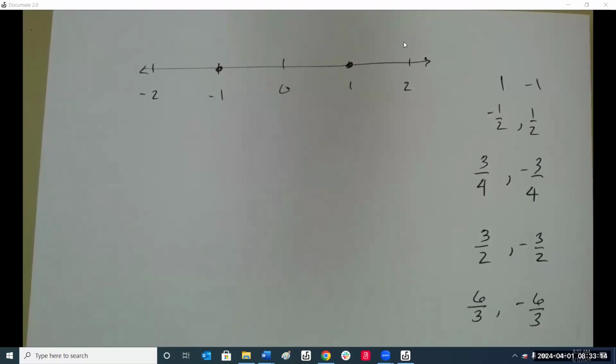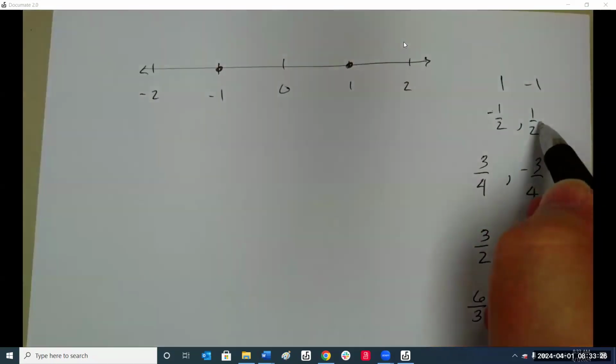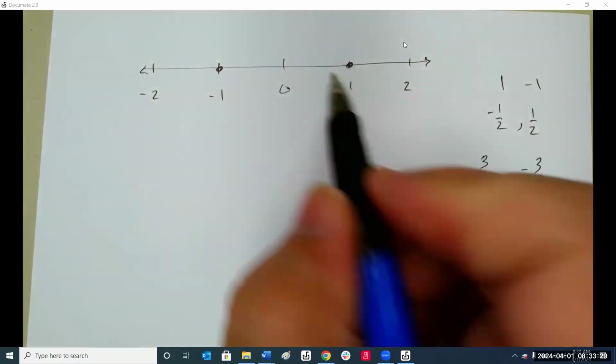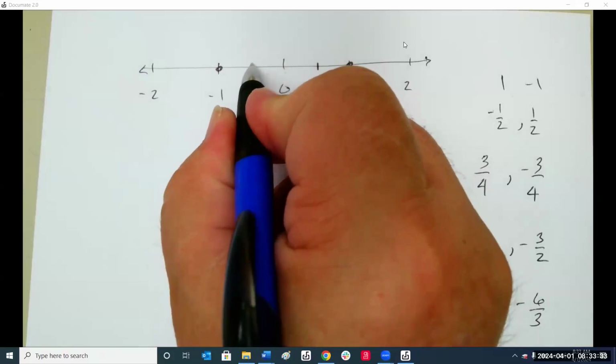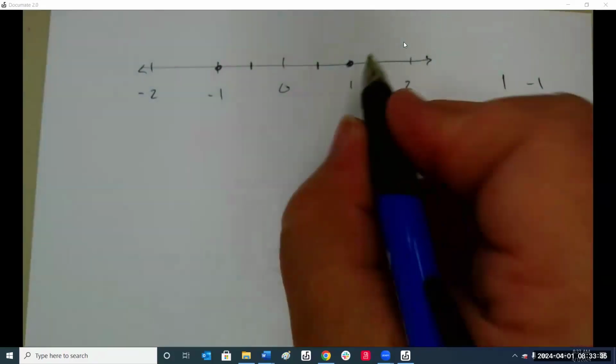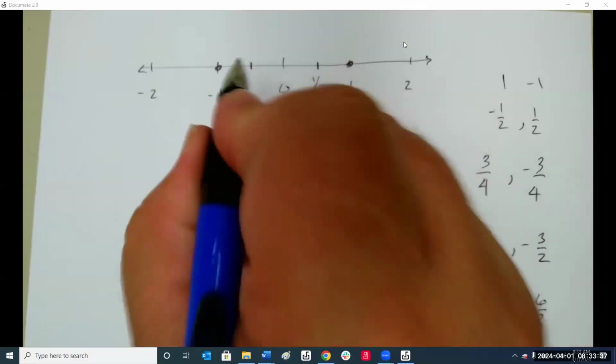Now, how would you define 1/2? Yeah, which because 1/2 is between. So we put it exactly halfway between there. So that's 1/2.